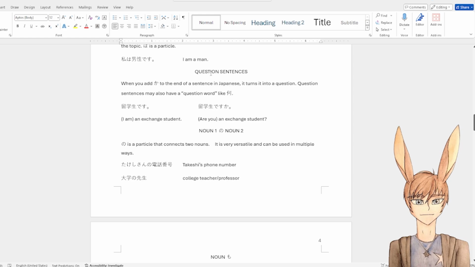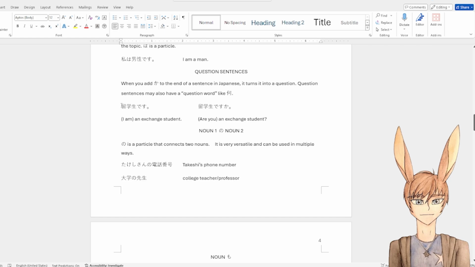And next we have question sentences. To turn a sentence into a question, you add ka to the end of it. There are also times where a question sentence will start with something like the word nani. And here we have an example of omitting watashi wa from the beginning to explain something.